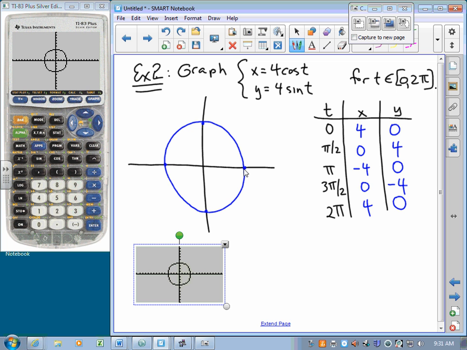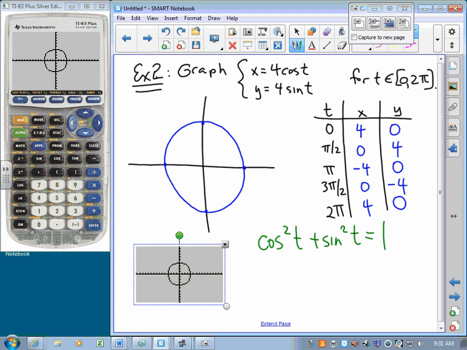Now, how did we know we were going to get a circle? Well, because I know something you don't know. I know that cosine squared t plus sine squared t, from everything I learned in Algebra 2, is, I can hear you saying it at home, 1.